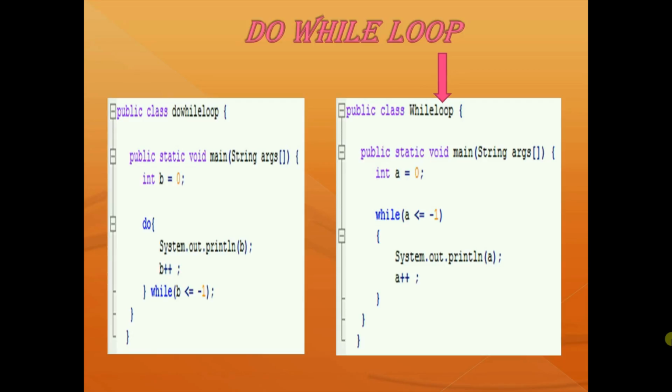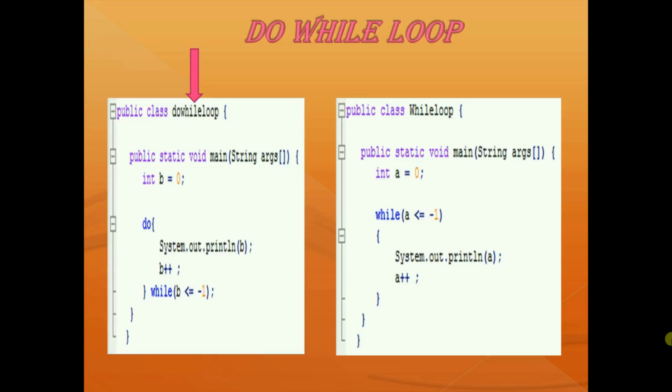Now in the while loop, I have initialized a as 0, and in this do while loop, I will declare one integer variable named b, and I am initializing b as 0. Let's see the syntax of the do while loop now.